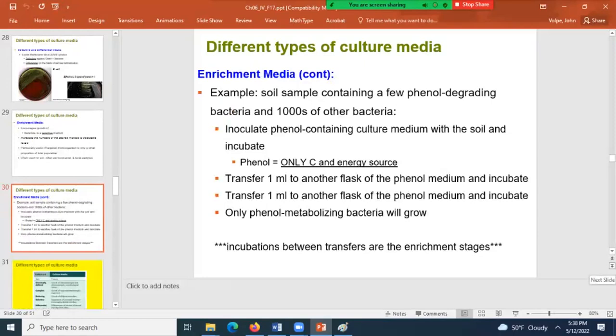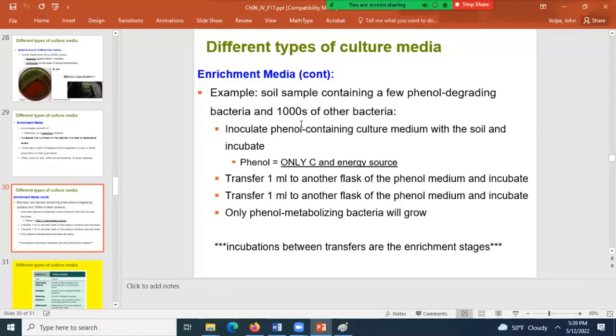Let me talk about that in a little different example, and that is we're looking for an organism that digests phenol, and we're looking at a soil sample to try and get the phenol degrading bacteria. Let's say that there are thousands of other bacteria.